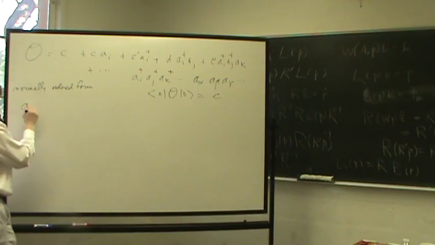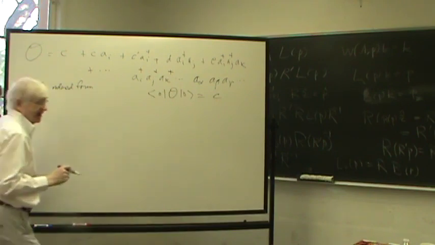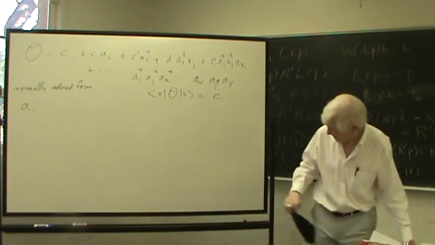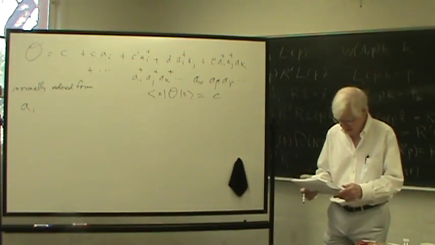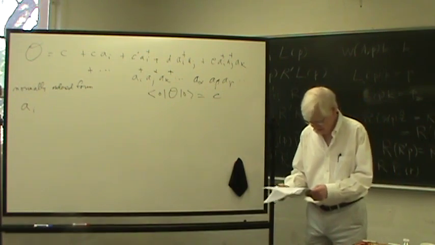And in particular, the annihilation operator, in fact, this was an equation that was in my notes, but I forgot to write down. I skipped it because it looked so innocent.